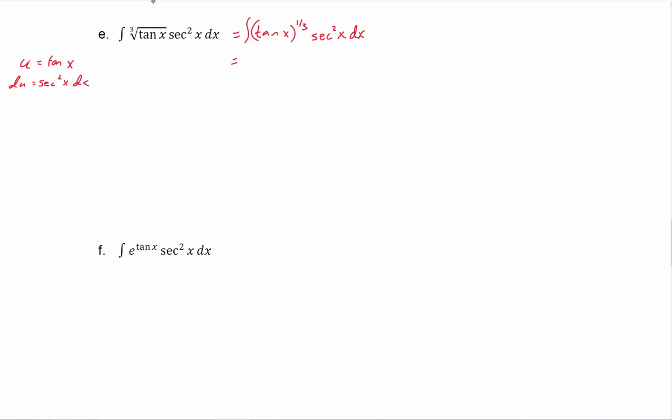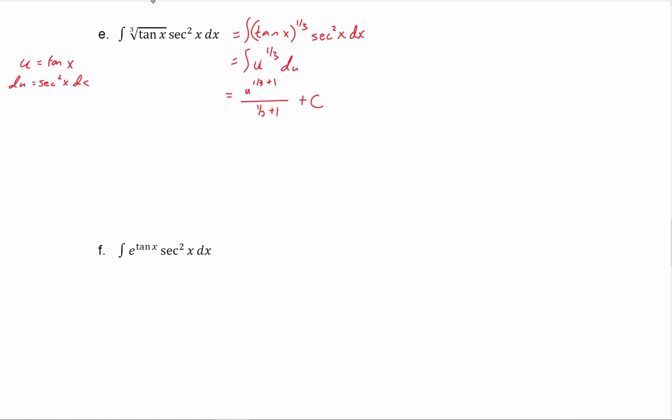So in this case, now this becomes the integral of u to the 1/3 power. Secant squared x dx, we know is du. And now we can integrate. So integral of u to the 1/3 du becomes adding 1 to the power, so u to the 1/3 plus 1 over 1/3 plus 1 plus c, right?